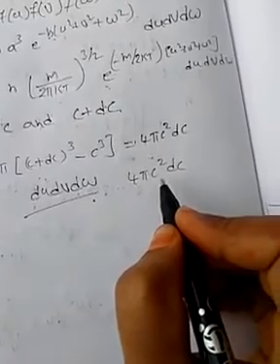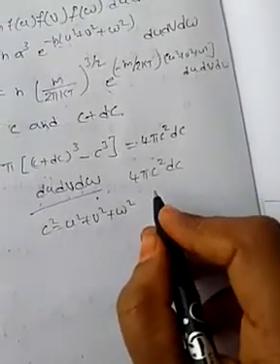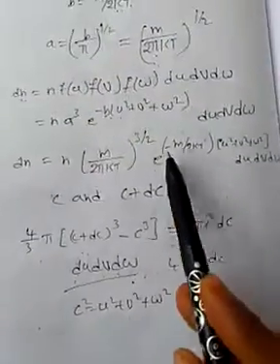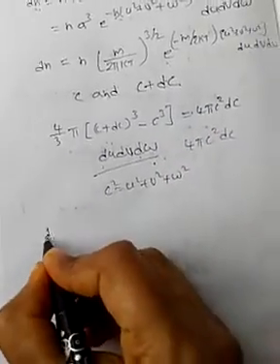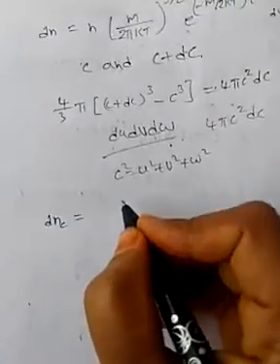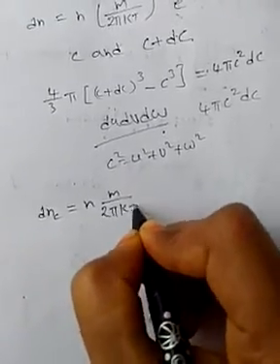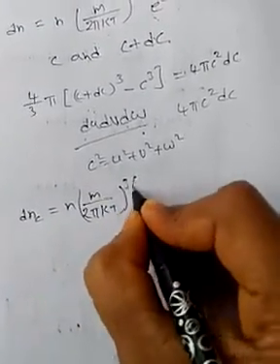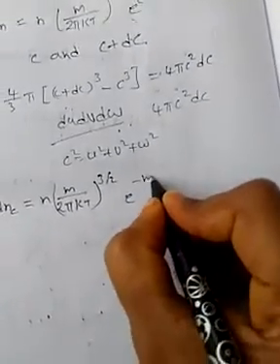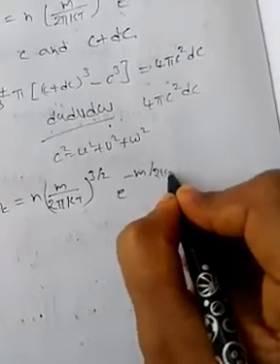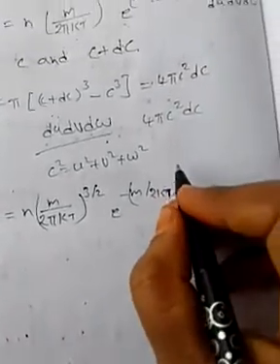And again we are putting c square equals u square plus v square plus w square in the above equation. Then dnc equals n into (m by 2 pi kt) whole power 3 by 2 into e power minus m by 2 kt times (u square plus v square plus w square).